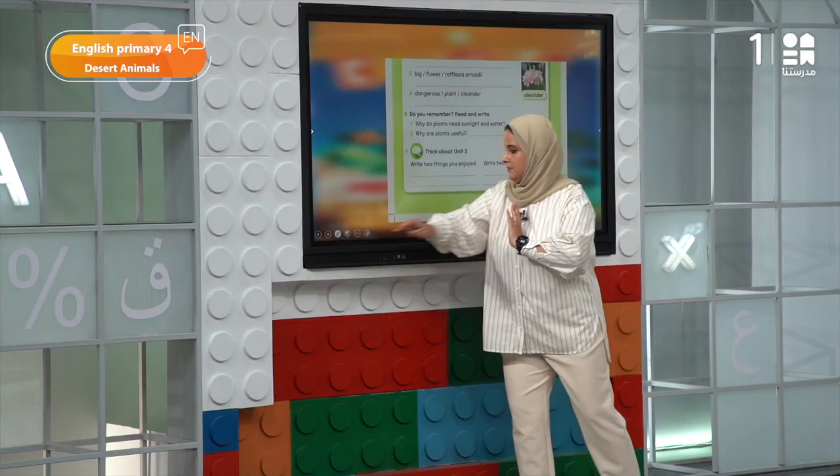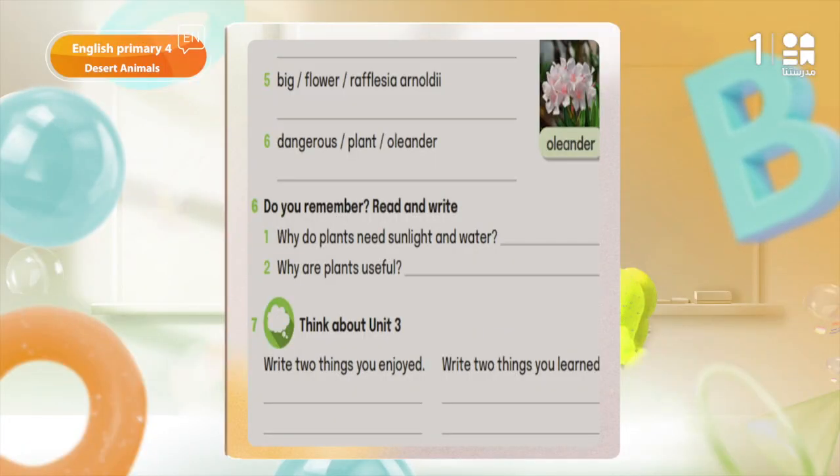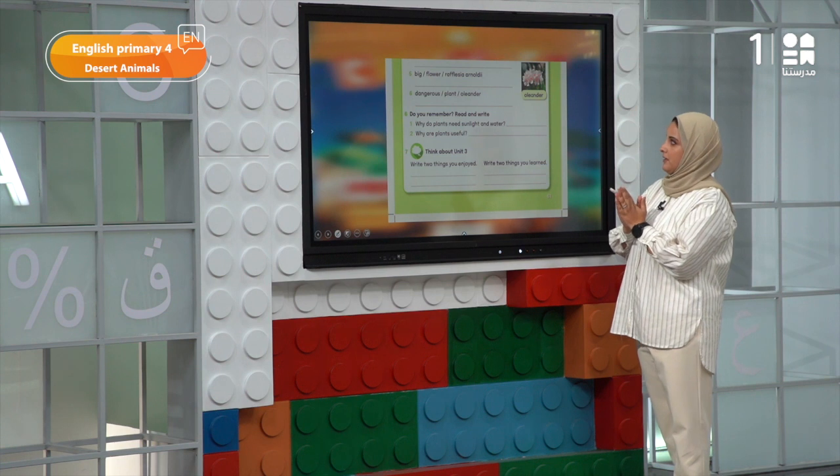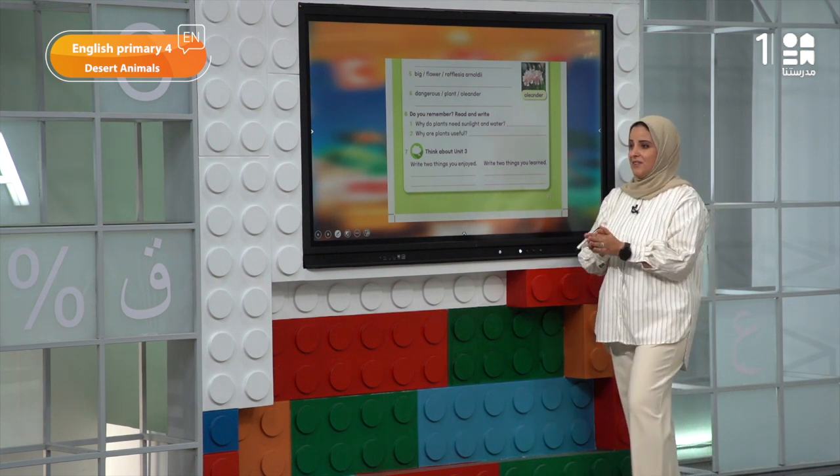Now let's look at the second part. Big flower, Rafflesia arnoldii. Let's repeat the word again one more time. Rafflesia arnoldii. Rafflesia arnoldii is a big flower. Okay? طيب. Let's do the superlative form for the Rafflesia arnoldii. What are you going to say? Very good.